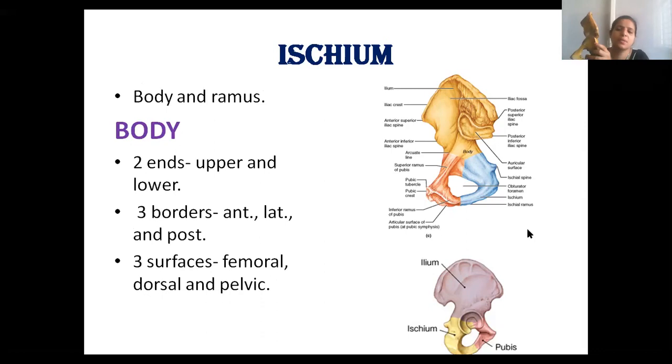Now let me stop the sharing of screen and show you the bone. This tough and thick bone is ischium. The upper expanded part, this whole thing, is the body, and this is the ramus of ischium.